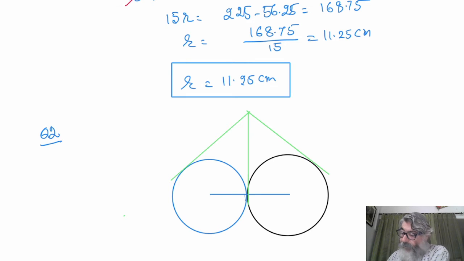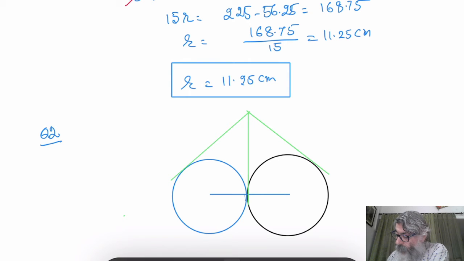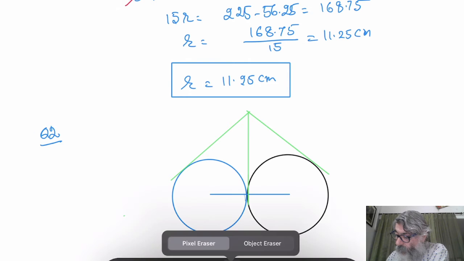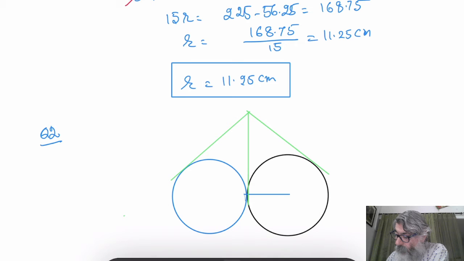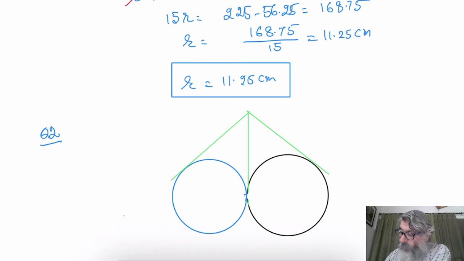What it says is that two circles are there. I didn't need to draw the center. Two circles are given which are touching each other externally at point P, and PQ is a common tangent.